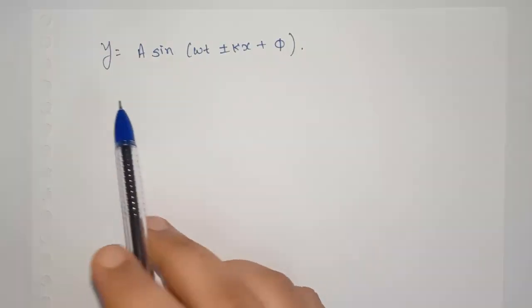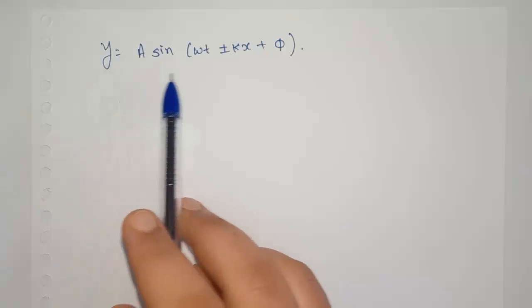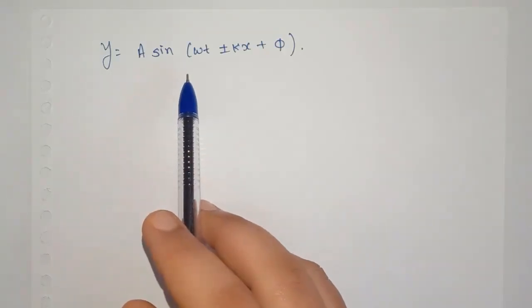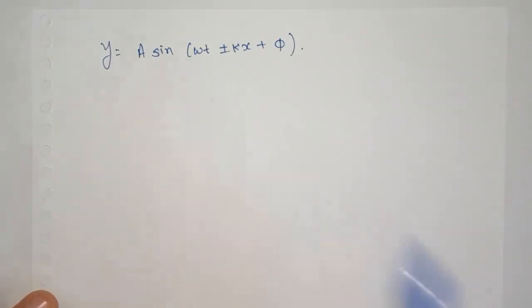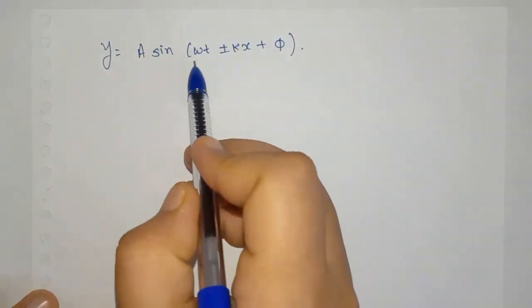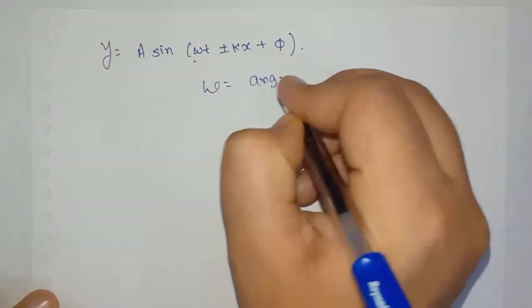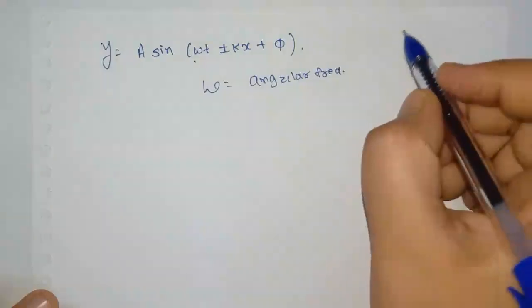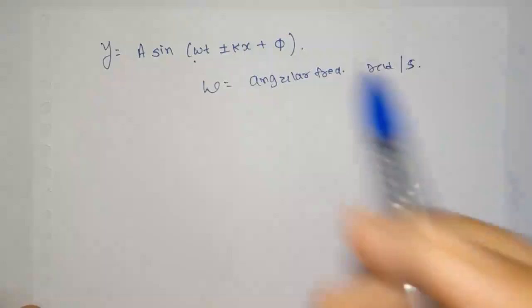Now let us have a detailed discussion on the equation y equals a sine of omega t plus or minus kx plus phi. This omega is the angular frequency and its SI unit is radian per second.